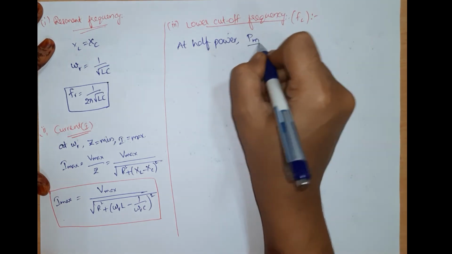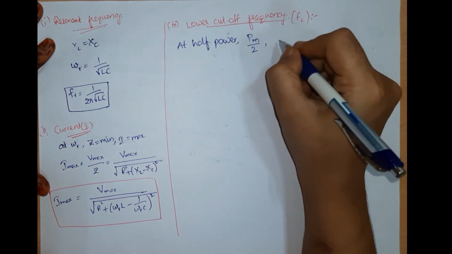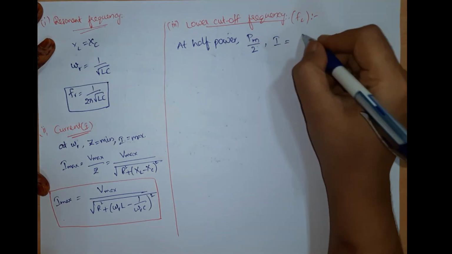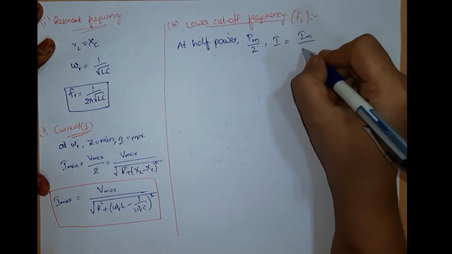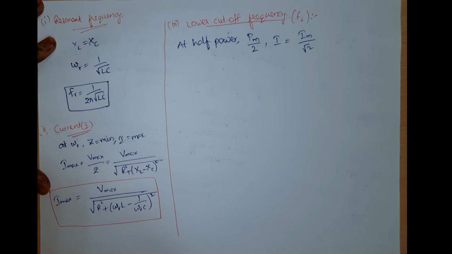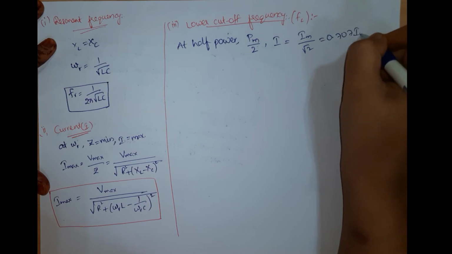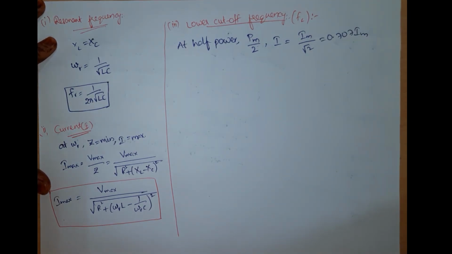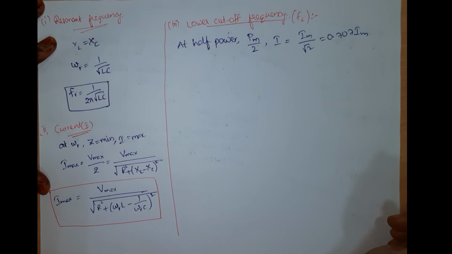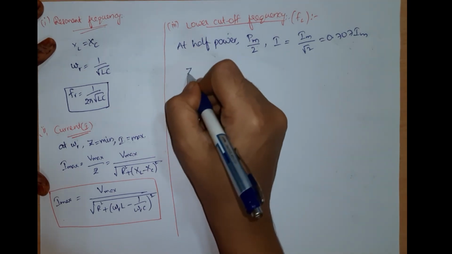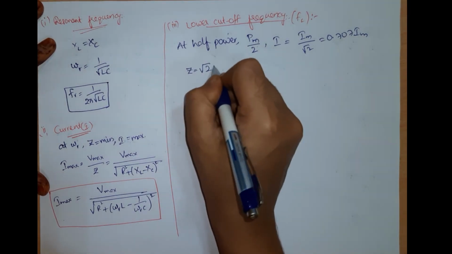So that is P max by 2. At P max by 2, I will be I max by root 2, right? That is 0.707 I max. So at this point, Z is equal to root 2 R.